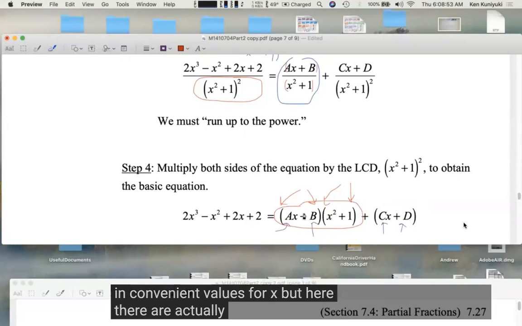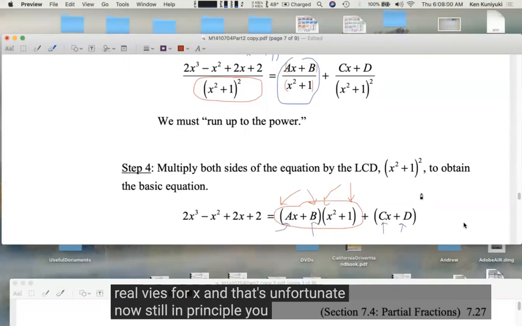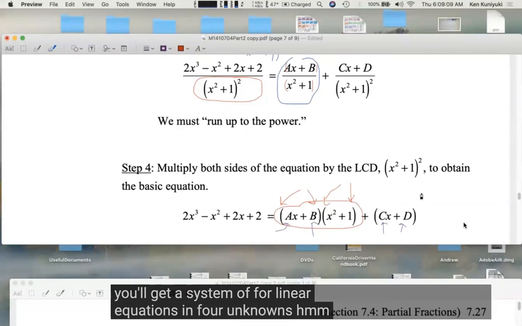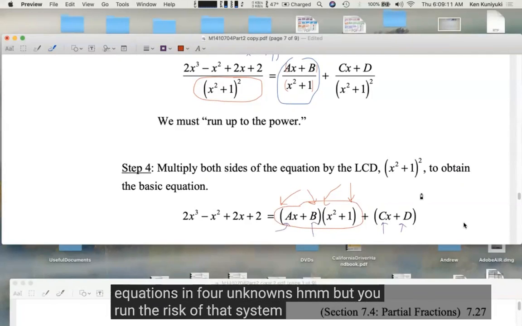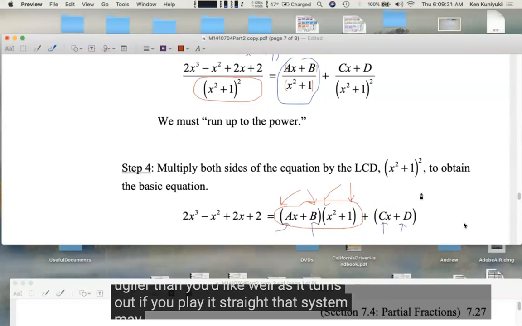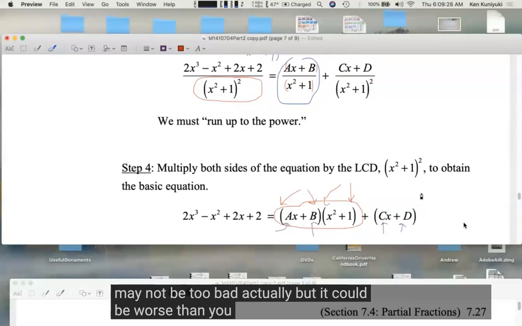But here, there are actually no super convenient real values for x, and that's unfortunate. Now still, in principle, you could pick 4 real values for x, plug them in, and you'll get a system of 4 linear equations in 4 unknowns. But you run the risk of that system being a bit uglier than you'd like. Well, as it turns out, if you play it straight, that system may not be too bad, actually. But it could be worse than you need it to be.